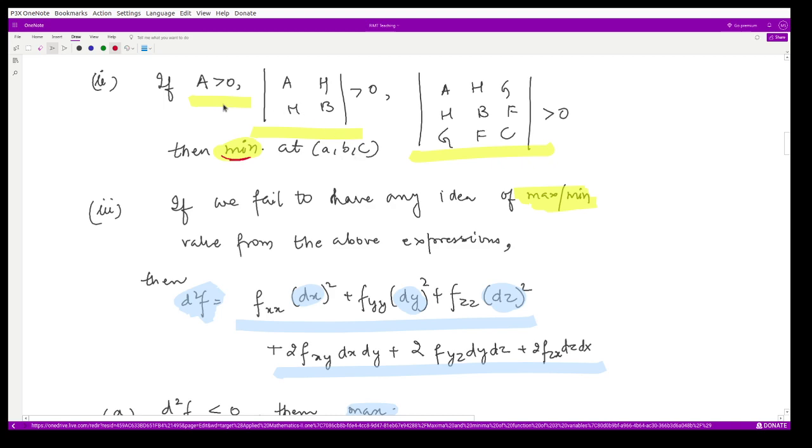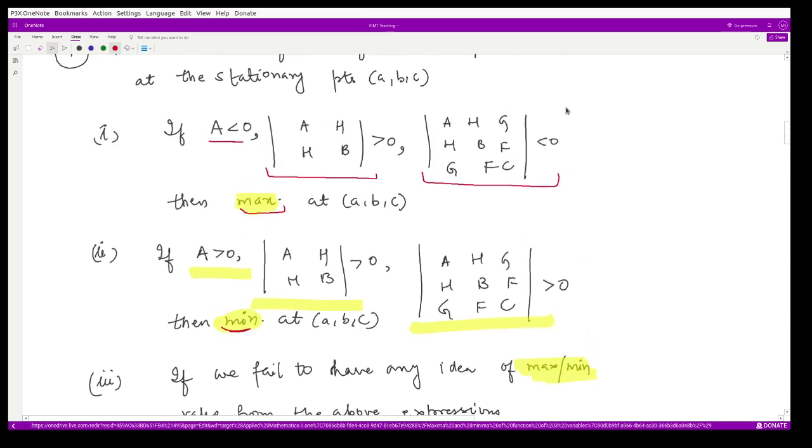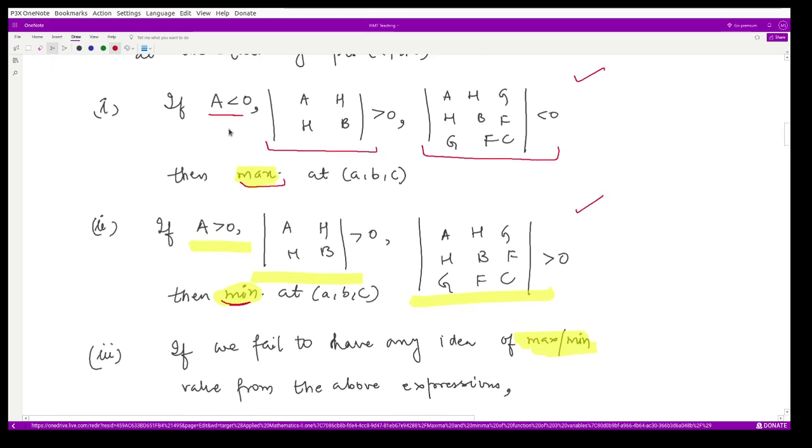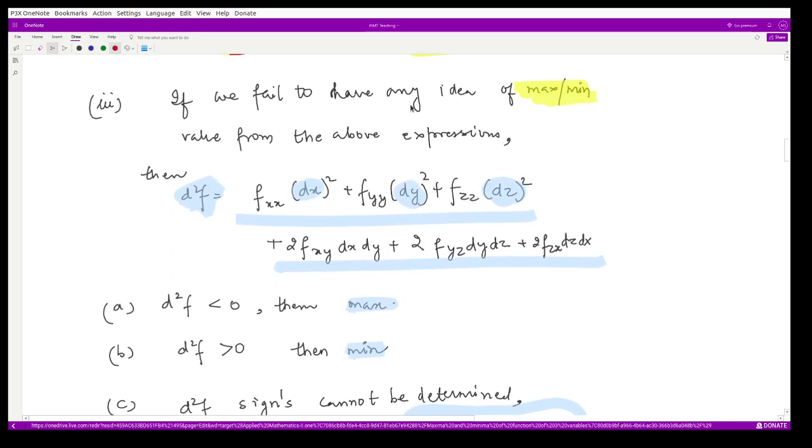And if you have any other combination of these three quantities, that means the signs differ from these two cases, then we do not have any direct idea about the maximum or minimum from the given values.